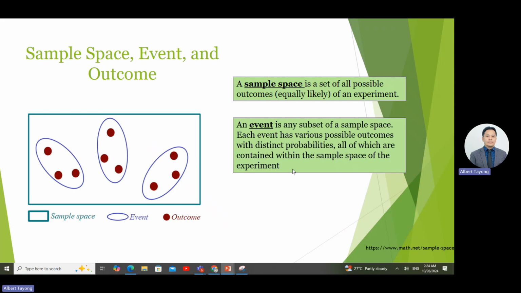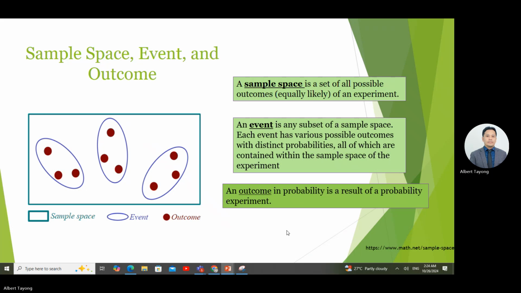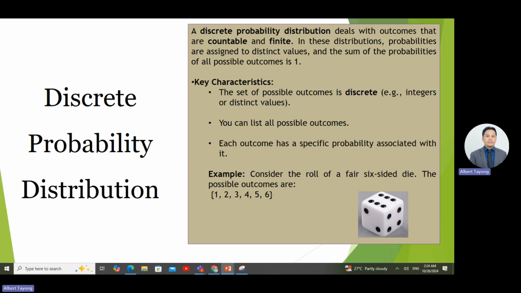So what is an experiment? Basically, an experiment in theory or in practice is anything that we do that has possible outcomes. An outcome in probability is a result of a probability experiment. So we're going to have examples of this later.